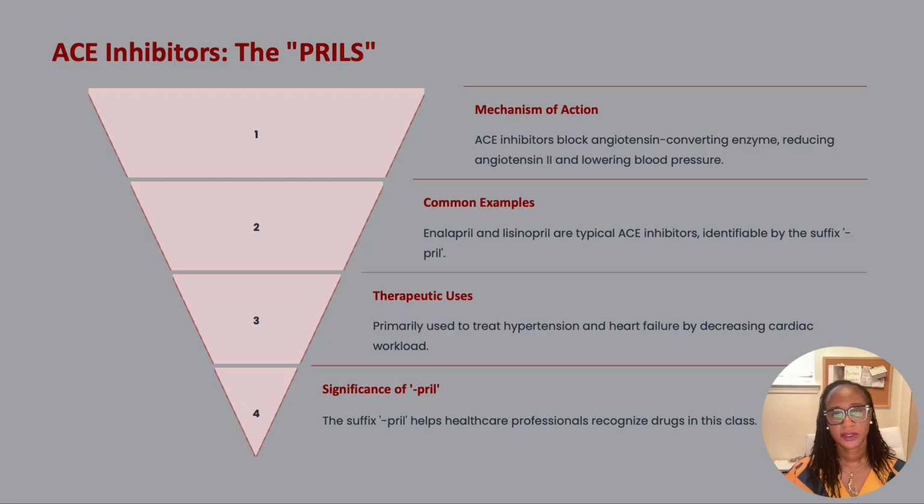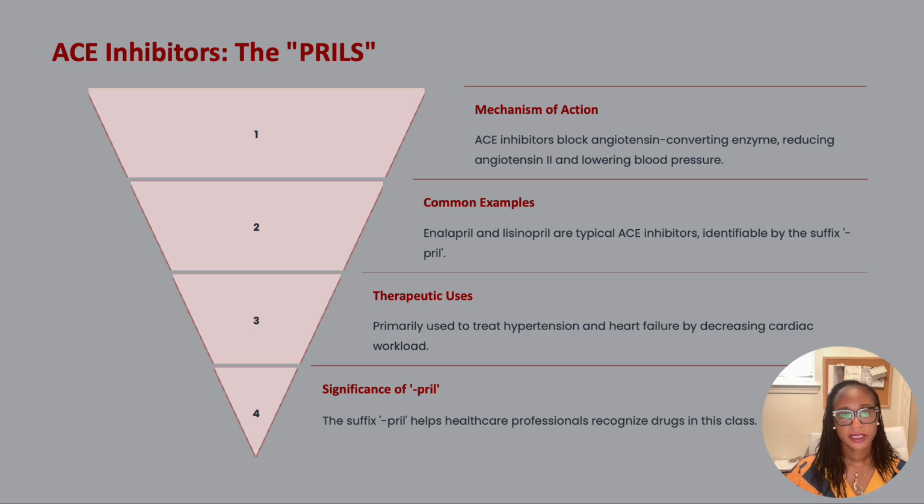So ACE inhibitors, the prils. In this slide we talk about the mechanism of action. ACE inhibitors block angiotensin converting enzyme, reducing angiotensin 2 and lowering the blood pressure. Of course it goes into a little more depth, but this is just an intro surface for the purpose of this presentation.